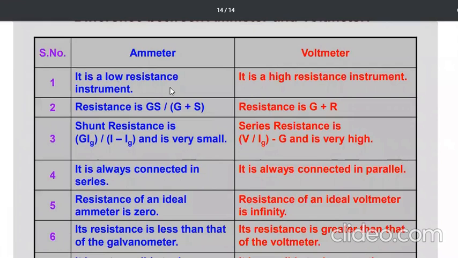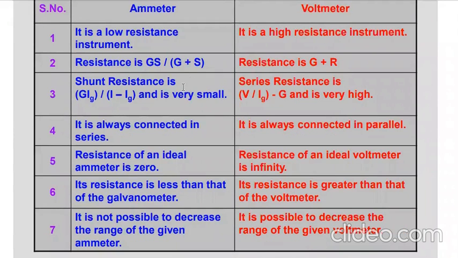An ammeter is a low resistance instrument. On the other hand, a voltmeter is a high resistance instrument. The resistance of the ammeter is equal to the product of shunt resistance and galvanometer resistance divided by the sum of shunt resistance and galvanometer resistance, obtained when a galvanometer is converted into an ammeter. In the voltmeter, the resistance is G plus R, because the two are connected in series.